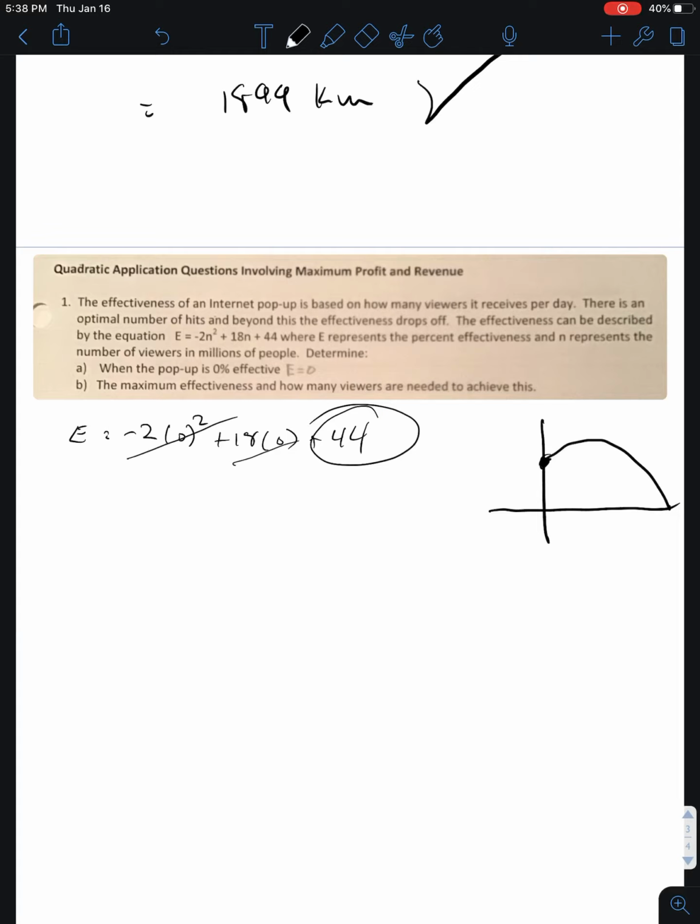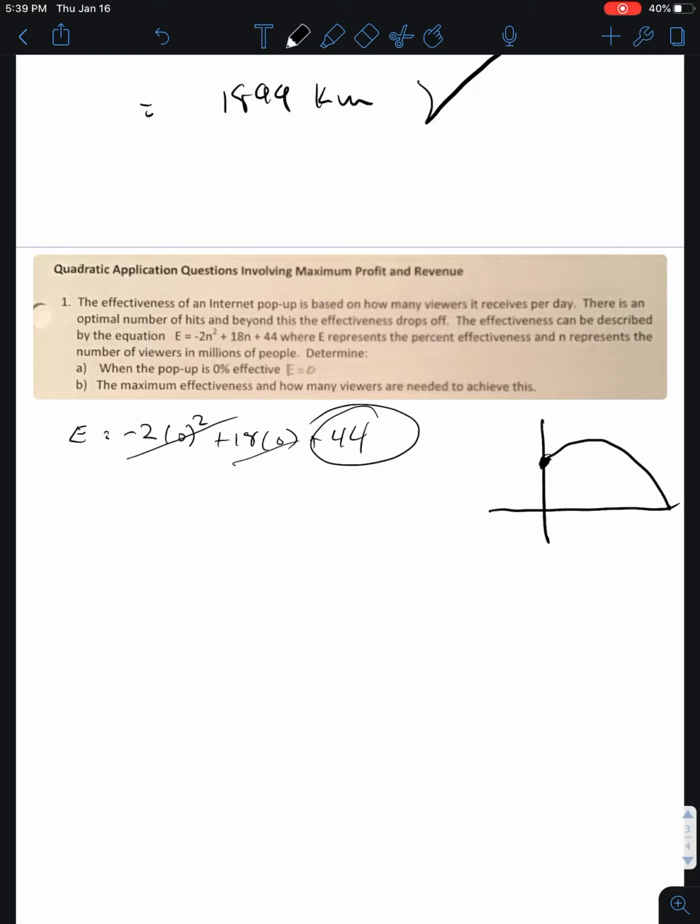Okay, so E is going to be the percentage of effectiveness, and N represents the number of people that see it. So if N equals 0, it looks like it's going to reach 44 million people. It still has room to increase, if we look at our parabola.